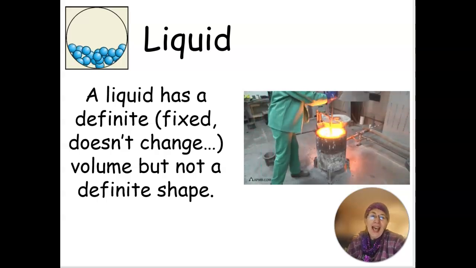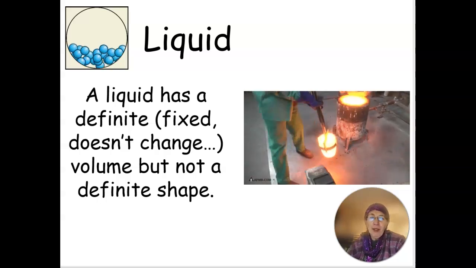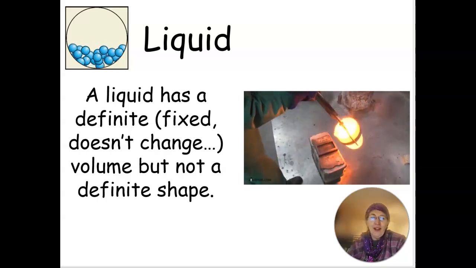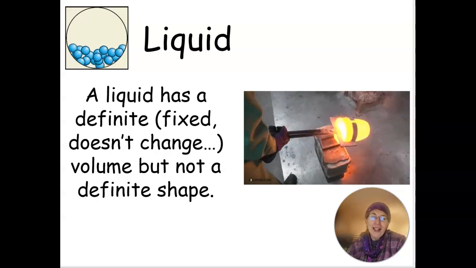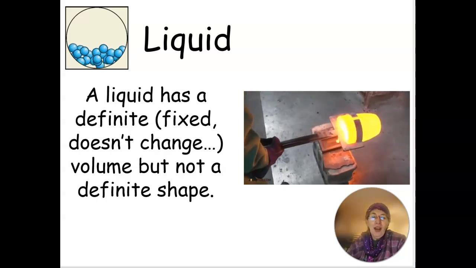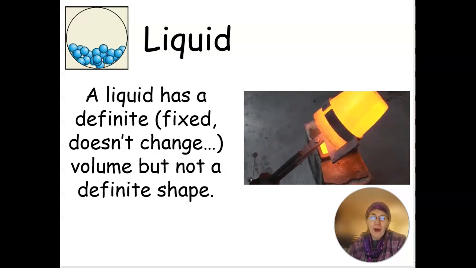So a liquid has a definite volume, but not a definite shape. It's going to take the shape of the container. So we had gold in our example before, so here's another example of gold. You have somebody whose job it is to pour gold into gold bars.